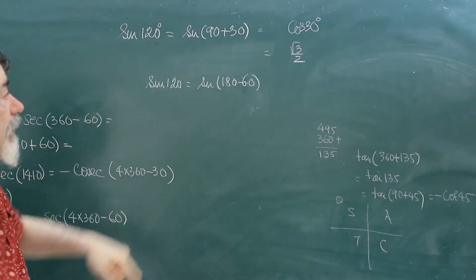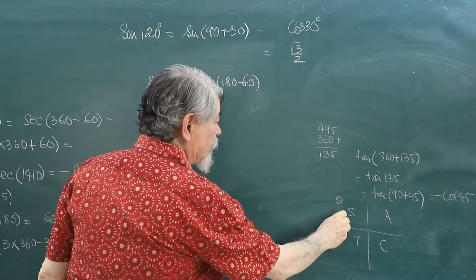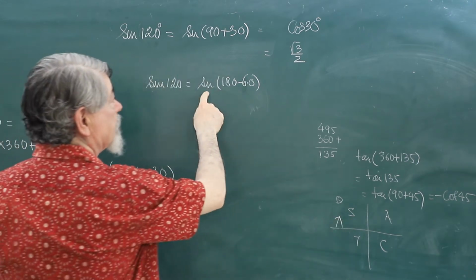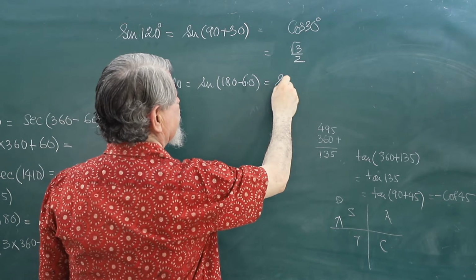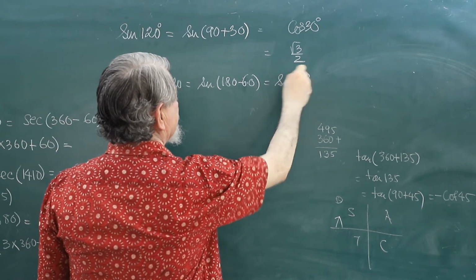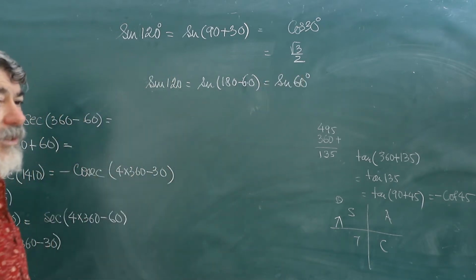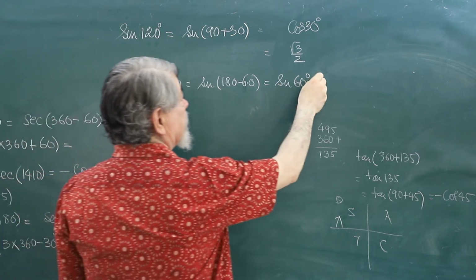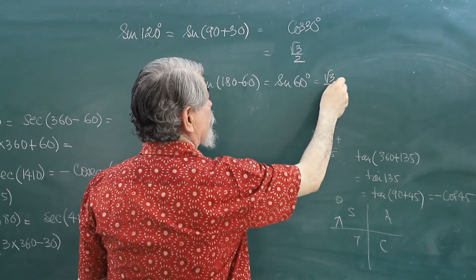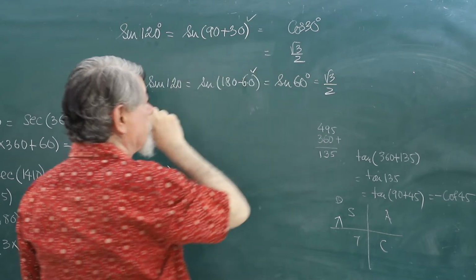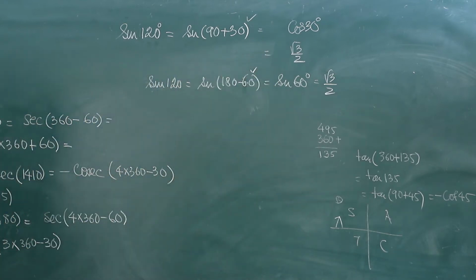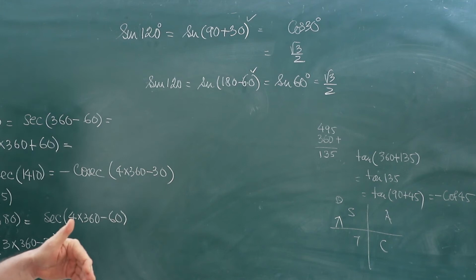So sine 180 minus 60 will come again into the second quadrant, and sine 180 minus theta is sine theta only. It will remain sine 60, and it remains positive. The value of sine 60 is root 3 upon 2. So whether you use this or this, the value remains root 3 upon 2.